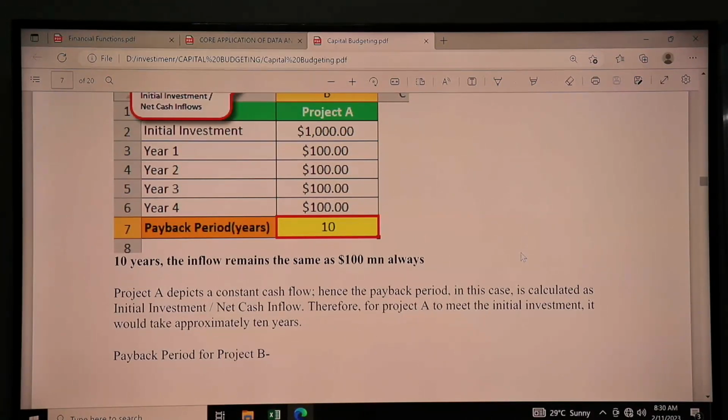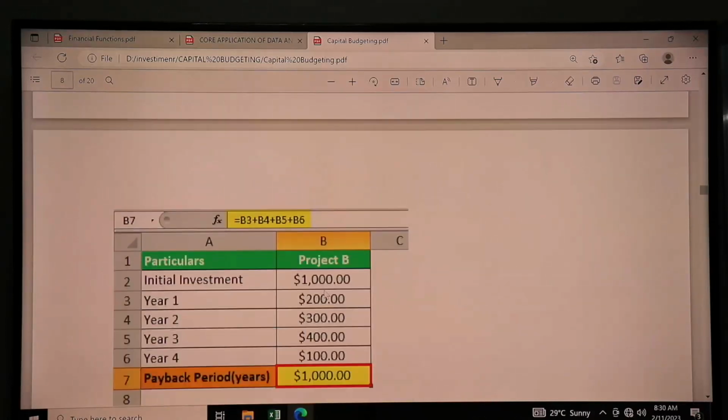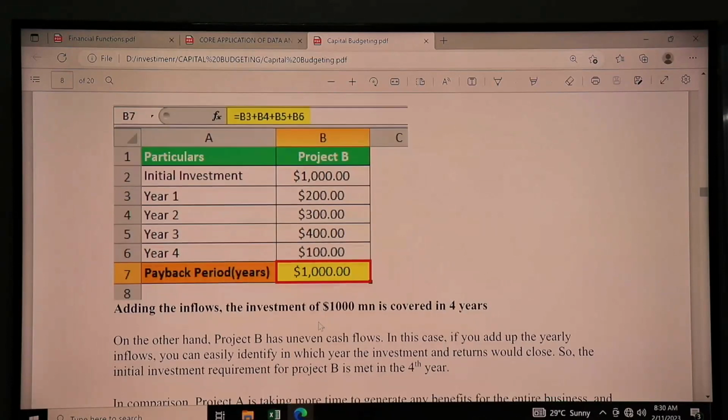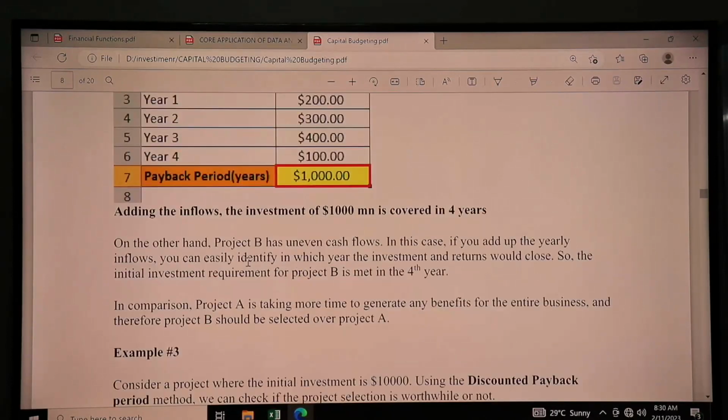For project B, we add all the inflows. The investment was 1,000 and it takes 4 years to pay. This project B has uneven cash flow. If you add up the yearly inflow, you can easily identify in which year the investment is recovered.